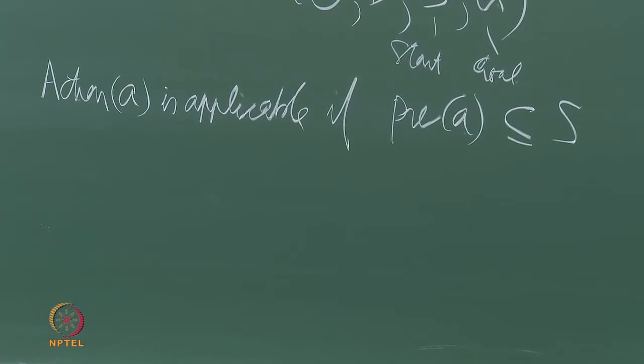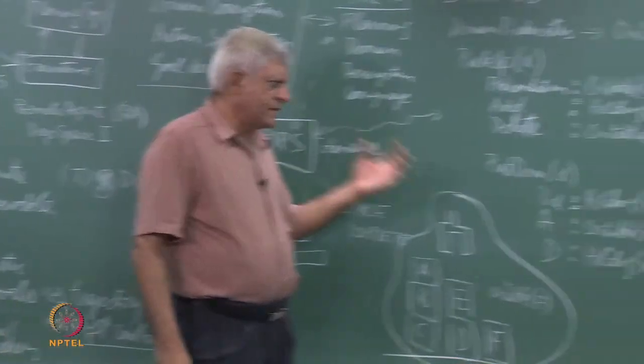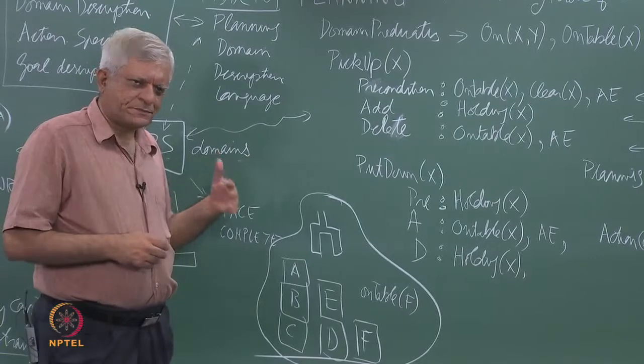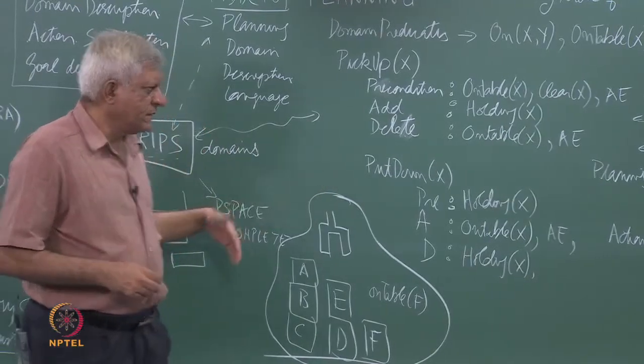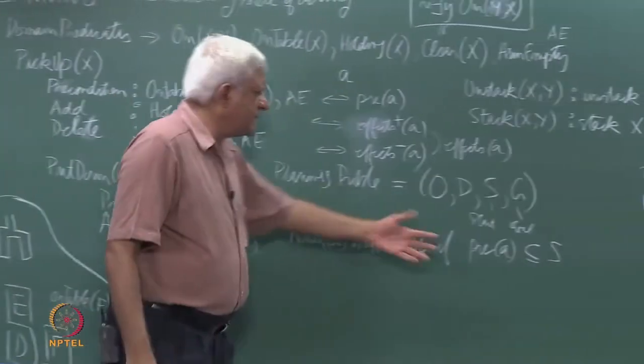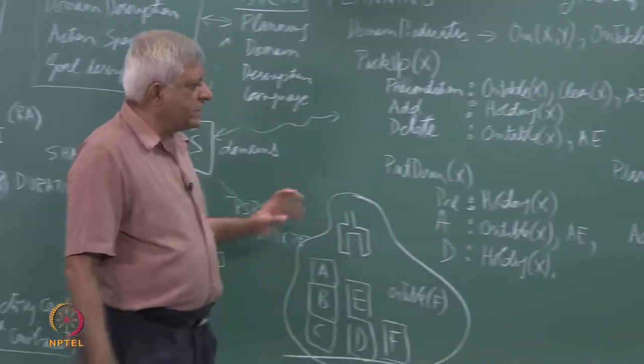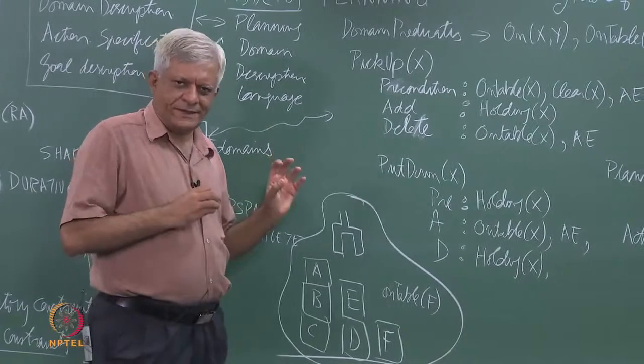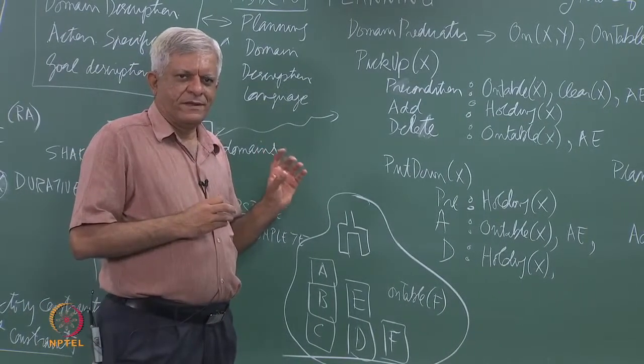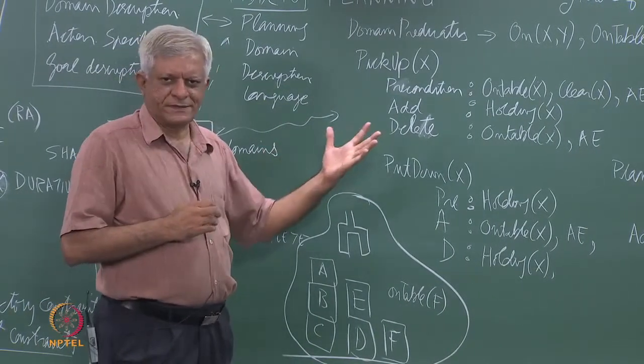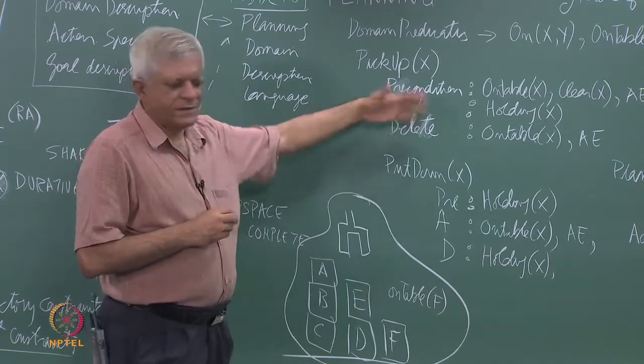It is just like saying that if my preconditions are true, then, well, S does not have to be the start, it can be any state. So, an action A is applicable in a state S if its preconditions are part of the state essentially, which means that they are true essentially.